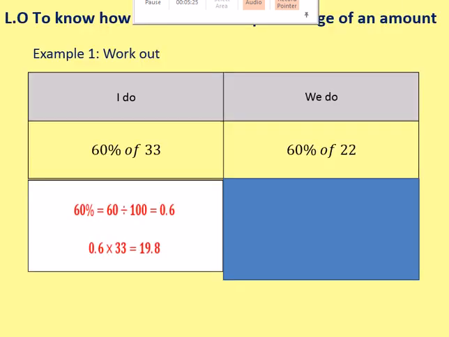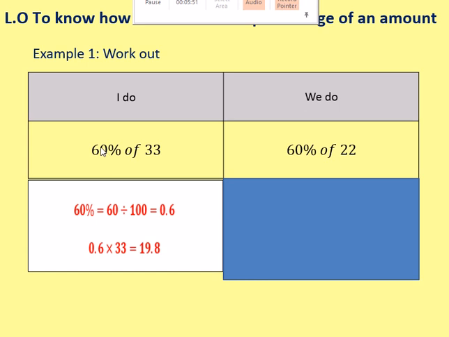So to move on to the next section of the lesson, this time we're working out percentages and we're going to do this using a multiplier. So here you'll see the purpose of that multiplier that we found out in the first half of this lesson. So 60% of 33, I've got to work that out. So the first step is to work out the percentage multiplier for 60%.